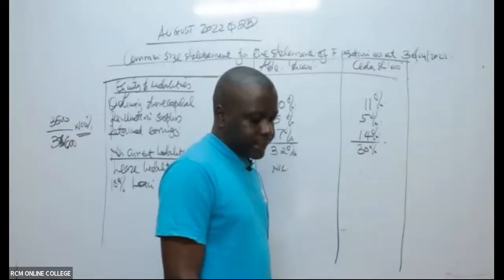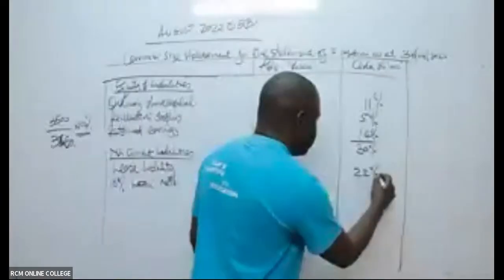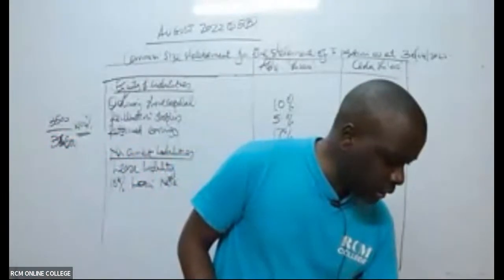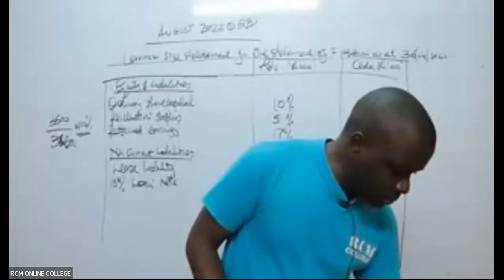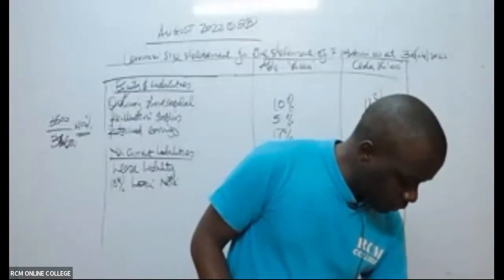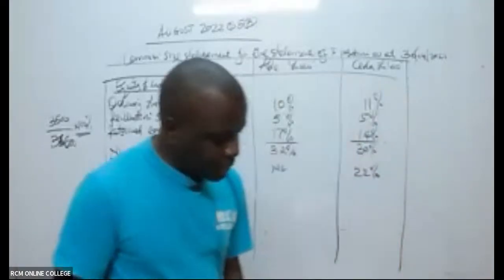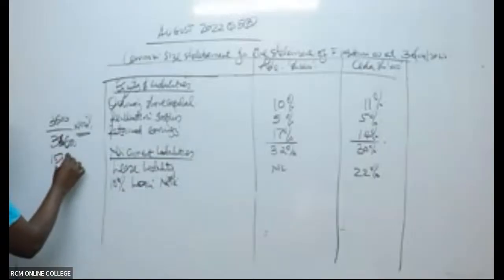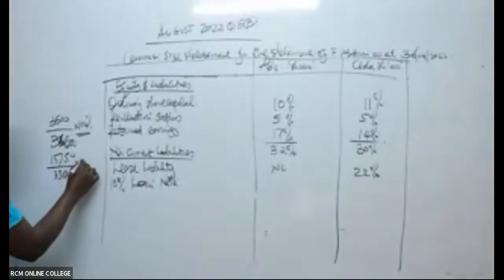So that is averagely 22%. What about the 10% loan note? For the 10% loan note, in this case, we have 15,750,000 divided by 33,600. So 15,750 divided by 33,600 multiplied by 100%.